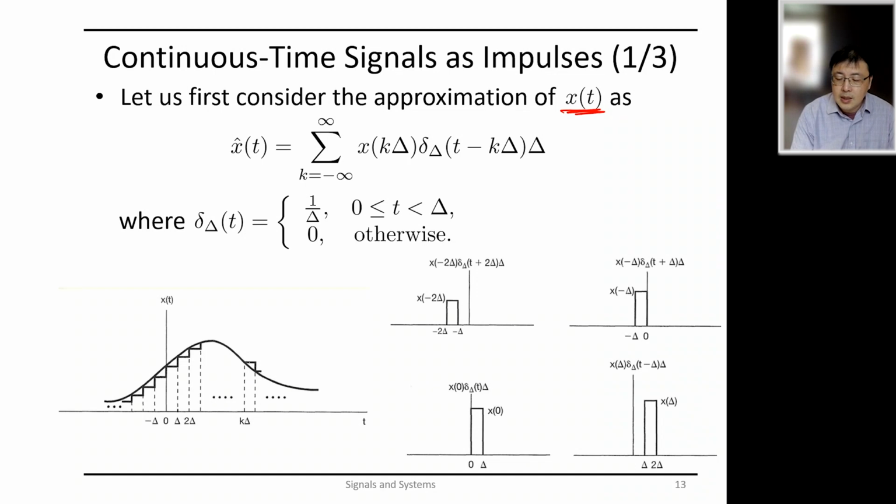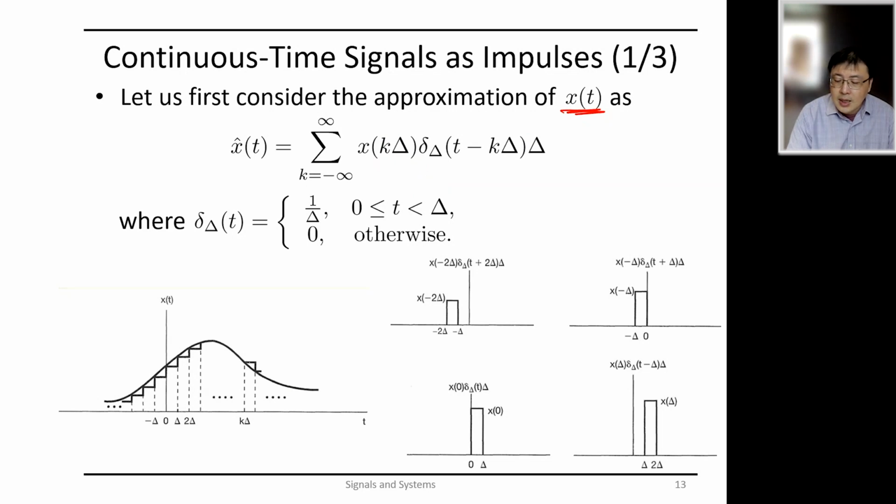Now, what is this thing here? x of k delta is the value of x at the integer multiple of capital delta. So this is the value of x of t at integer multiples of capital delta.